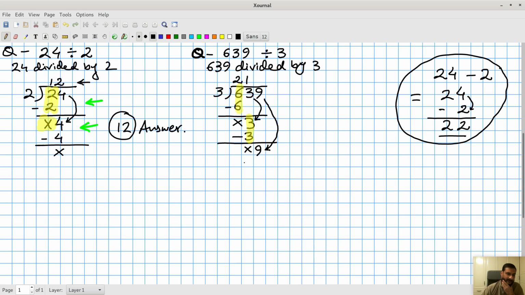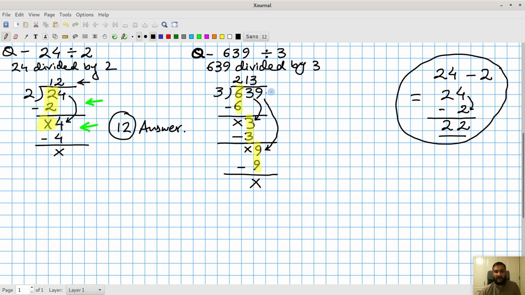So let's see if we can find a number which is in 3's table, which is 3 1s are 3, 3 2s are 6, 3 3s are 9. So we get 3. So we write 3 3s are 9. We draw a line here. We subtract them, right? Just like before, we are going to subtract these two numbers. And we get 9 minus 9 is 0 or nothing left.